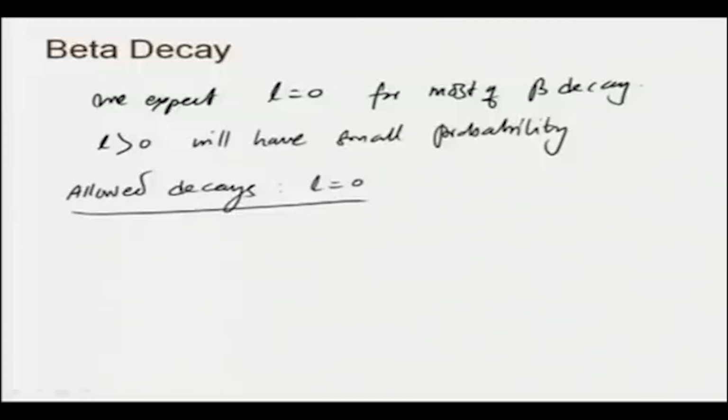So, let us consider L equal to 0, and in L equal to 0, as already said, S can be 0 or 1. So, case 1, S equal to 0, the total spin of electron and neutrino combined. When S equal to 0, we have the angular momentum balance equation: the initial nuclear spin I x is equal to I y plus 0.